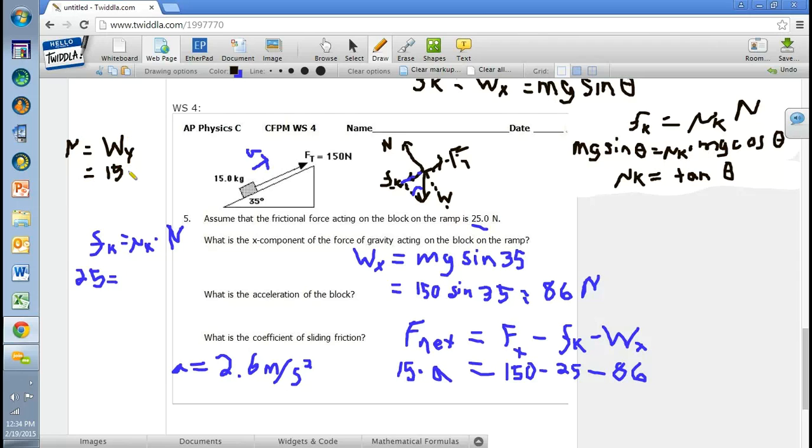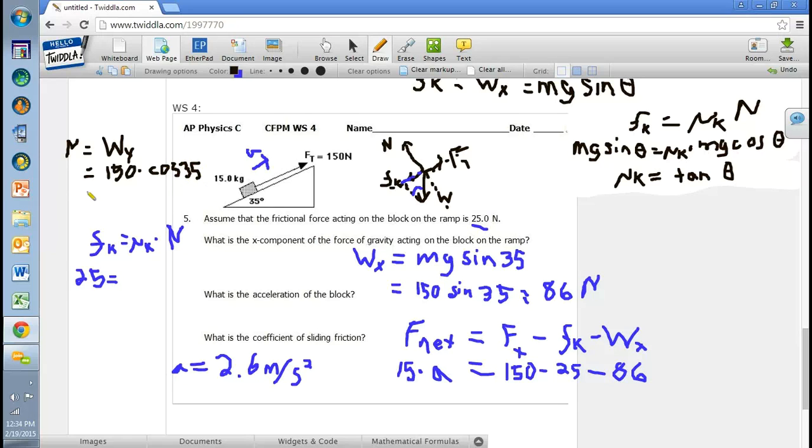Gravitational field strength, I should say. Mass times gravitational field strength, times, what trig function will give me the y component? Cosine, right, cosine of 35. Any questions how I figured that out?